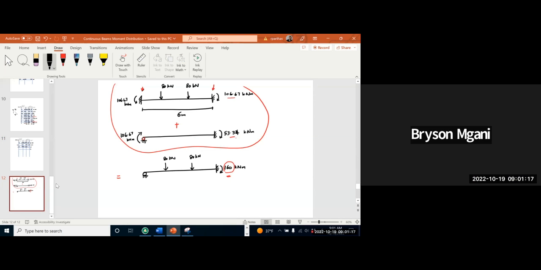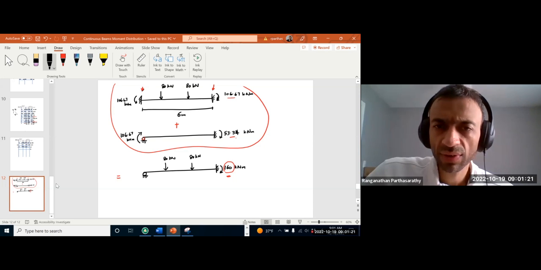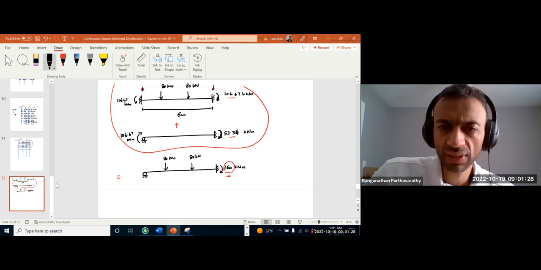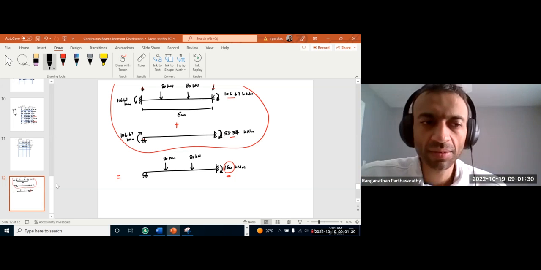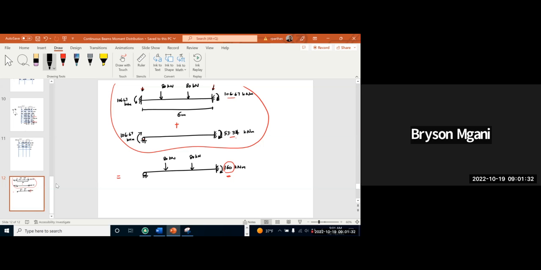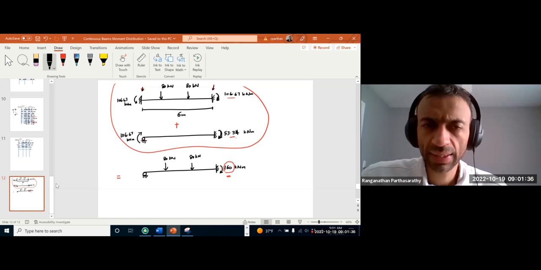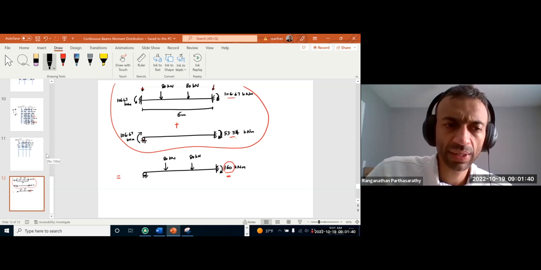Maybe 160 or 53 something. No, they both are clockwise, right? So 106.67 plus 53.34 is 160, because they are in the same direction. Yeah. Okay. That makes sense. Thank you.